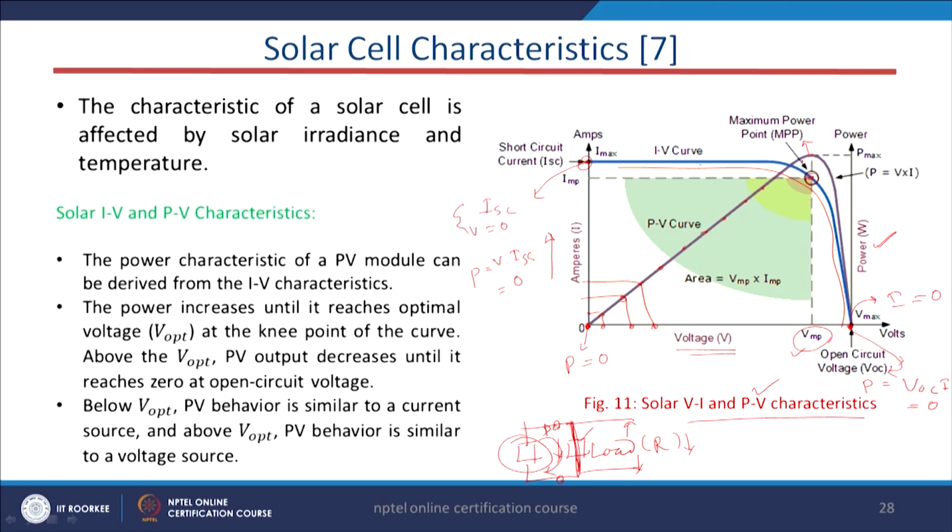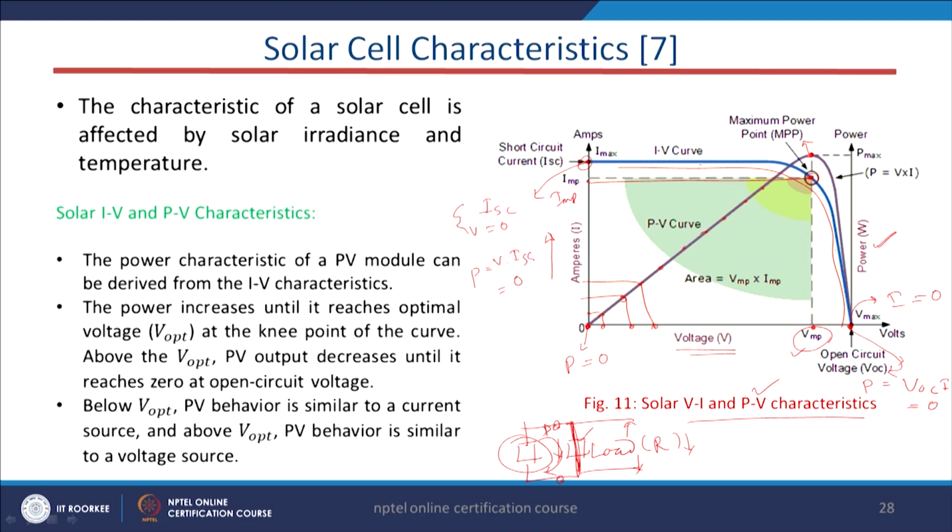Now, at this point I get the maximum power. Here is my short circuit current, and here is my VMP, because it is along the x axis, and at the point where I got the maximum power, this is the corresponding current IMP, because I keep on multiplying both V and I. So, at this point I get the power as the multiplication of VMP and IMP.